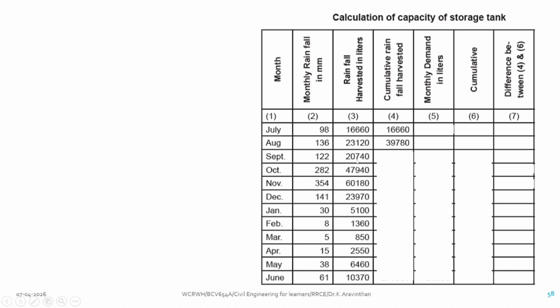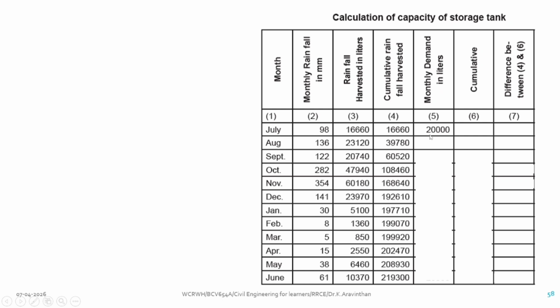Then in September you will be getting 20,740 liters, so cumulatively it will be 60,000 liters. Like the way you are adding each and every month, finally you will be getting 2,19,300 liters of water.